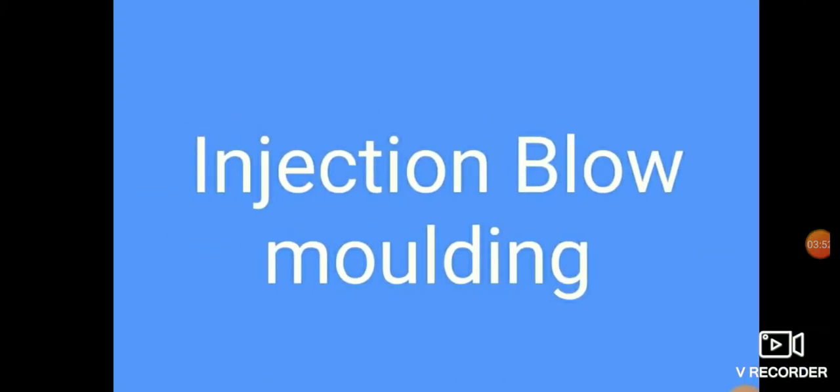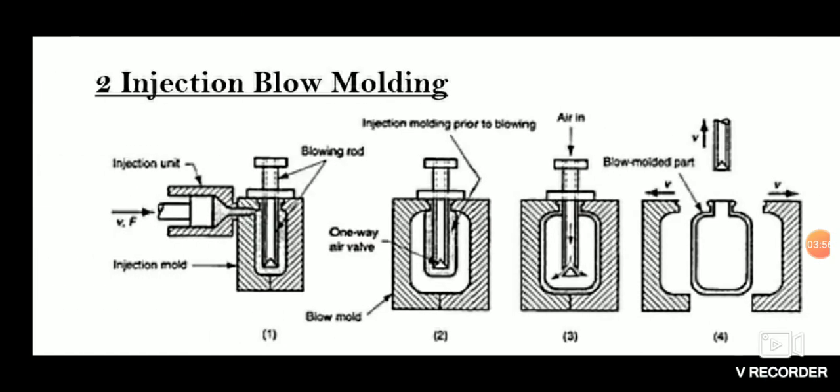The next one is injection blow molding. You can see in the figure, the process of injection blow molding is used for the production of hollow glass and plastic objects in large quantities. In the IBM process, the polymer is injection molded onto a core pin.